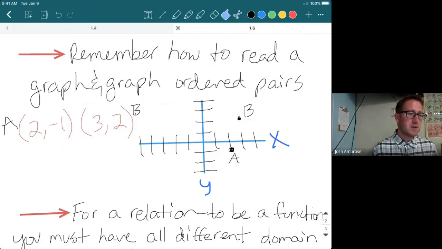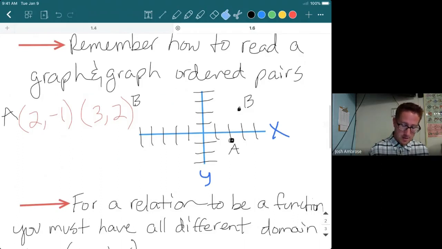So for the x value, the number 2 is positive, go to the right twice. -1 is the y value, it's negative, go down once. There's the dot for A. Okay, for B, we have +3 for the x value, so go to the right 3 times. +2 for the y value, go up 2 times, and there's our point for B.